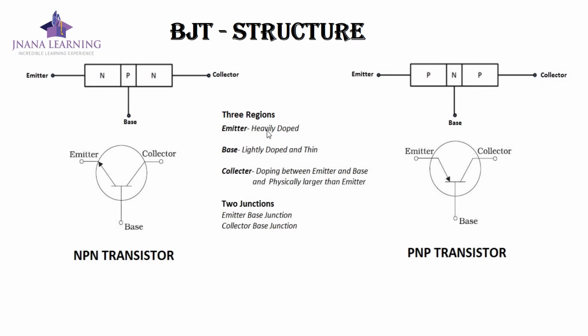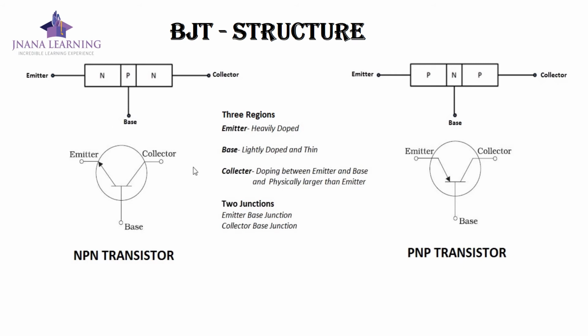So in the NPN transistor, the emitter base junction is this one, that is the NP, and the collector base junction is this PN. And in the case of a PNP transistor, this is the emitter base junction, this PN, and this is the collector base junction. So we can say that a transistor is like two PN junction diodes connected back to back.